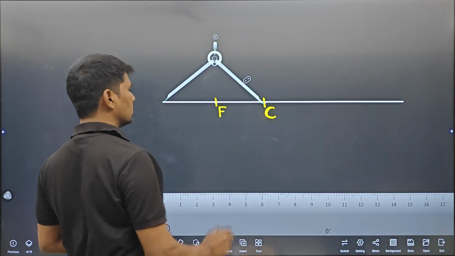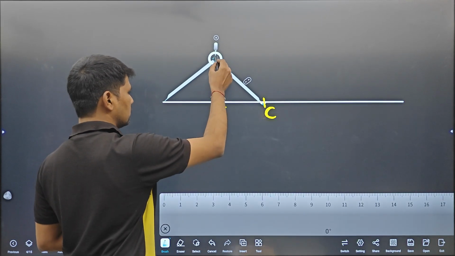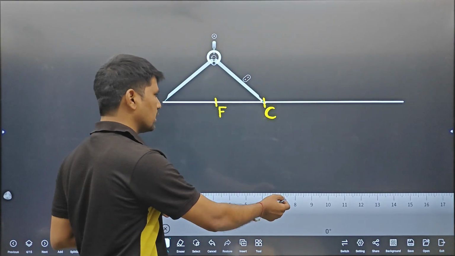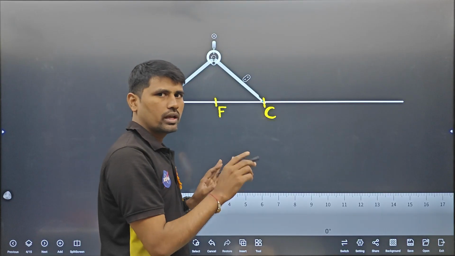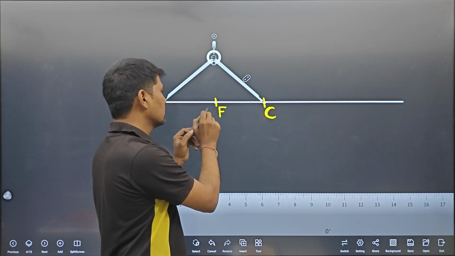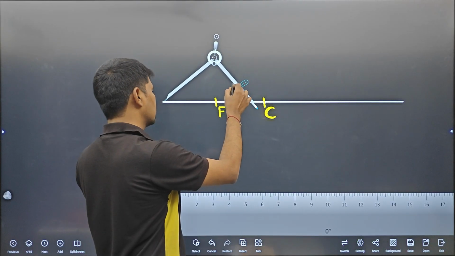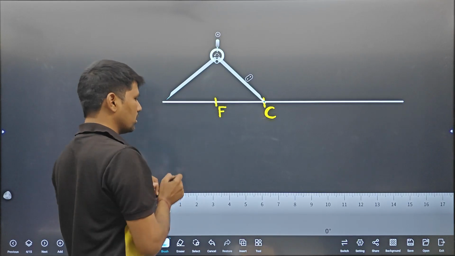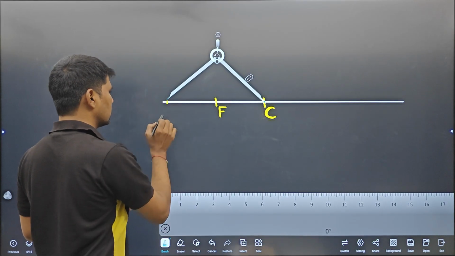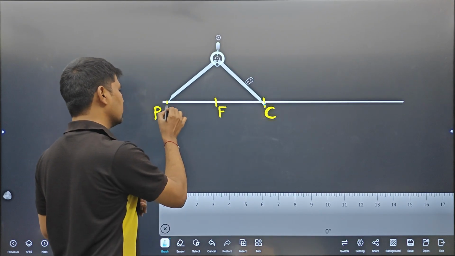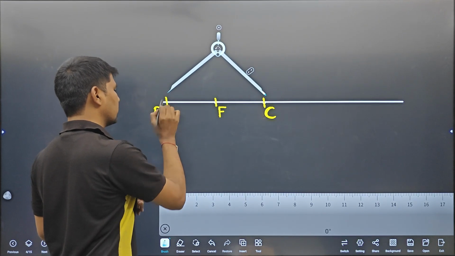Now this is the radius. How much radius have we taken? For example 4, take a 4 centimeter radius. Already we have to mark the pole also. This is the pole, focus and center of curvature.